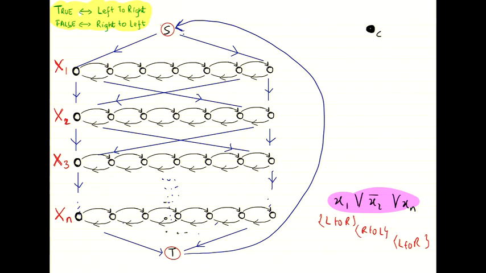I'll add a detour from the x1 path like this. What is the property of this detour? If you're going left to right, you can take this detour, visit the clause, and come back. However, if you're going from right to left, you cannot visit the clause.